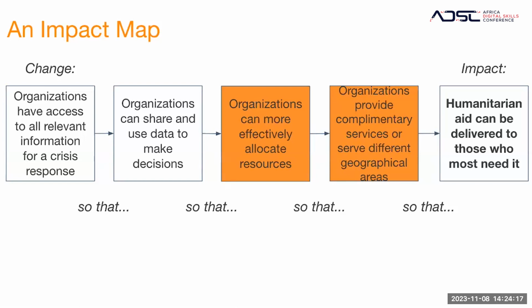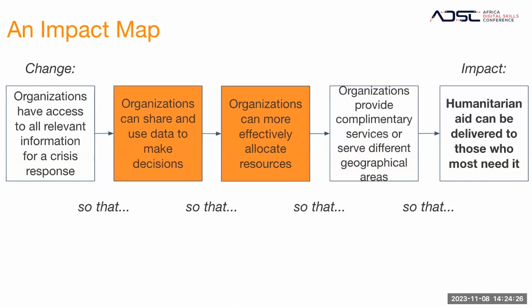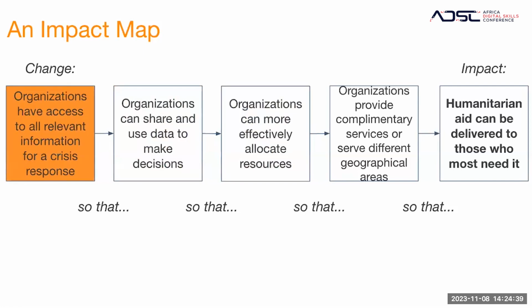They also found that the more effective allocation of resources across organizations is required to provide those complementary services. And in order to more effectively allocate resources, organizations need to share data that can be used to make decisions. Therefore, in order to effectively allocate resources after sharing and using data to make decisions, they want to make the behavior change of sharing access across organizations to all relevant information for crisis response.